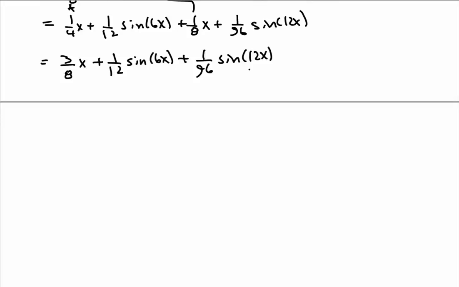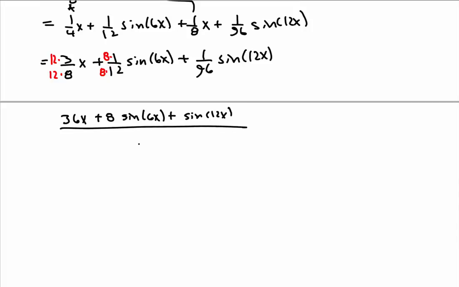then they're equivalent solutions. Now here we'd find a common denominator, so we'd multiply top and bottom by 12. Here we'd multiply top and bottom by 8. So I'd have 36x plus 8 sine of 6x plus sine of 12x all over 96.